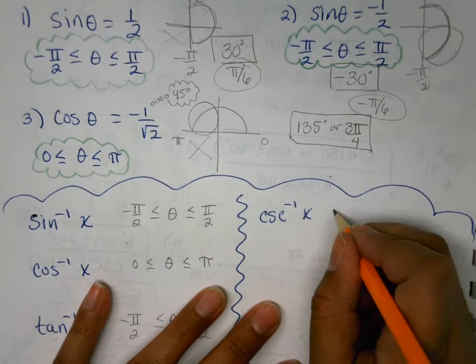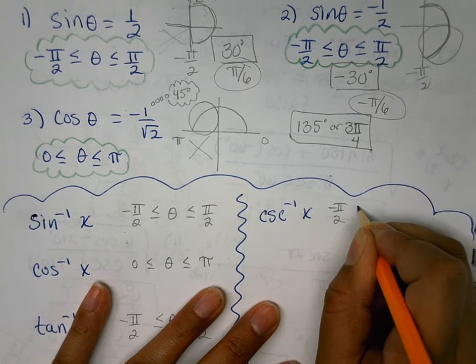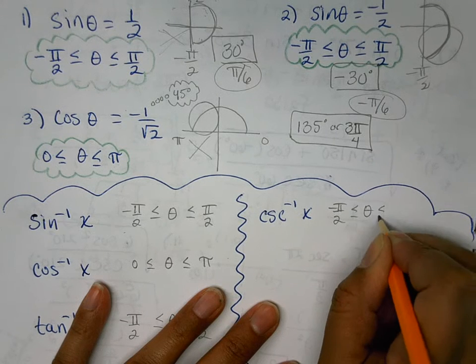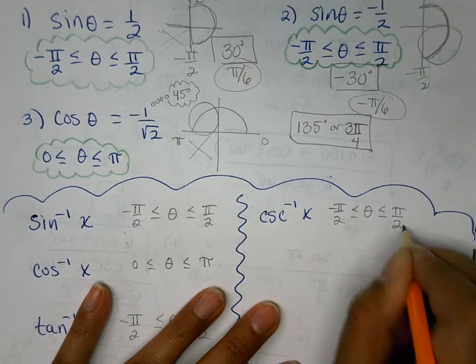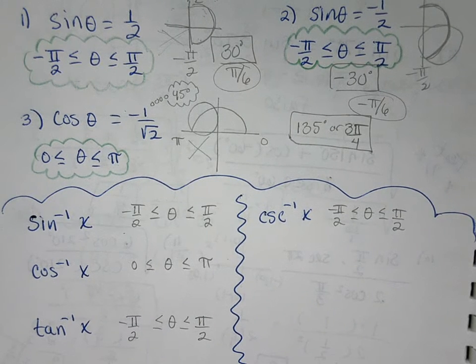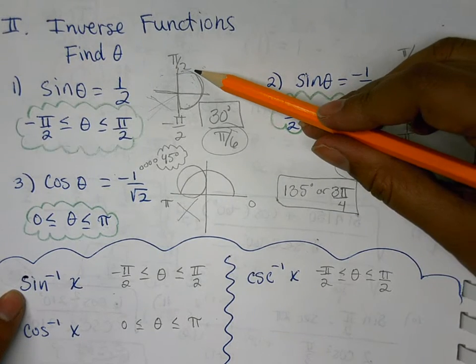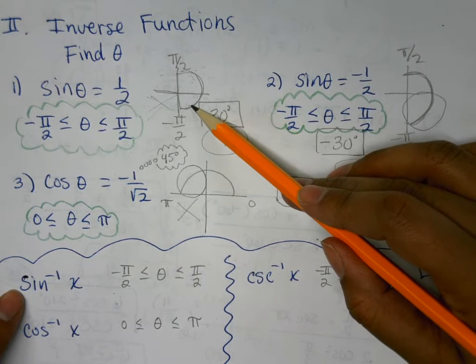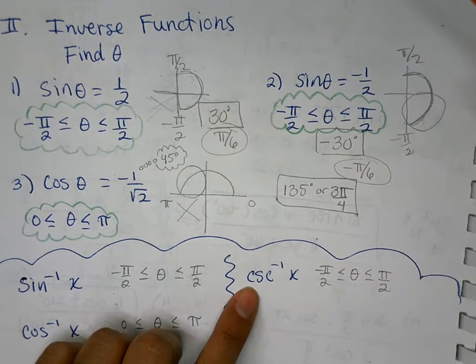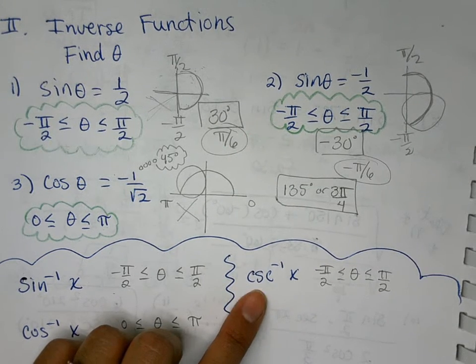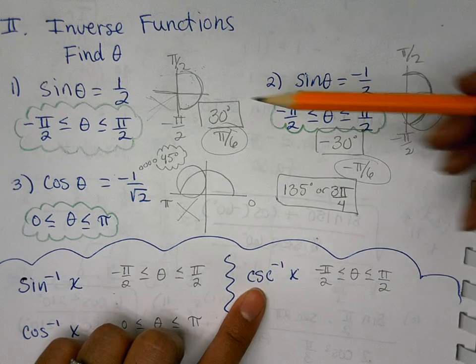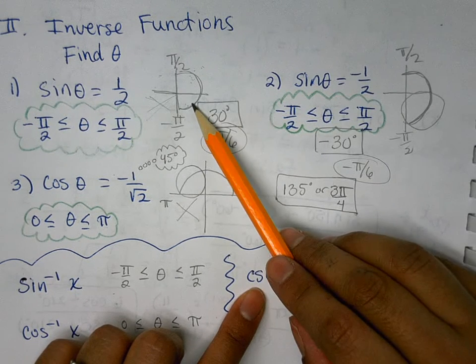So negative pi over 2 is less than or equal to theta, which is less than or equal to pi over 2. And for the same reason as before, sine is positive in quadrant 1 and negative in quadrant 4. Same thing with its reciprocal function. Cosecant is positive here and negative here.